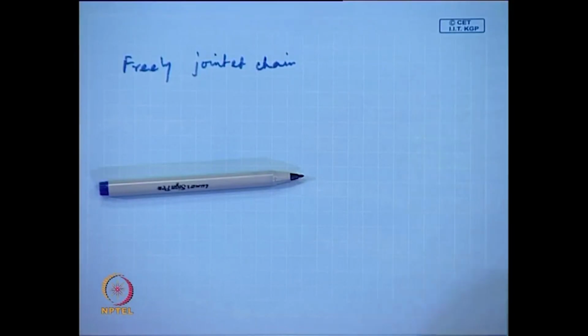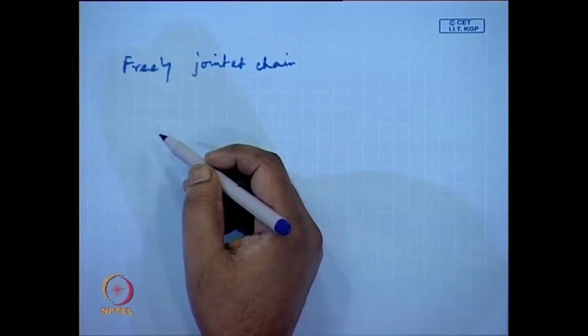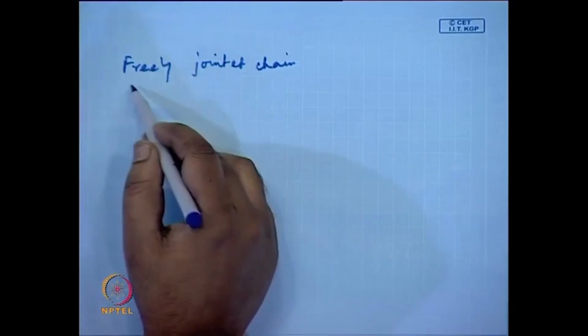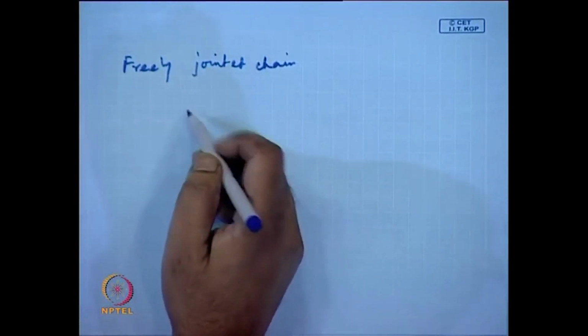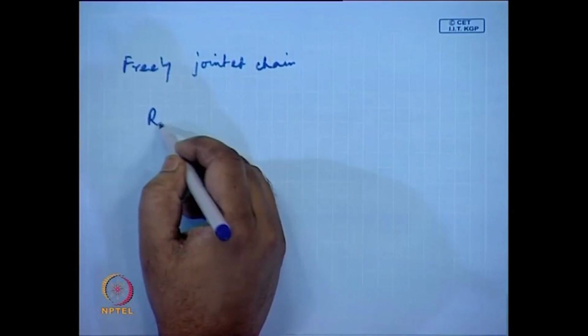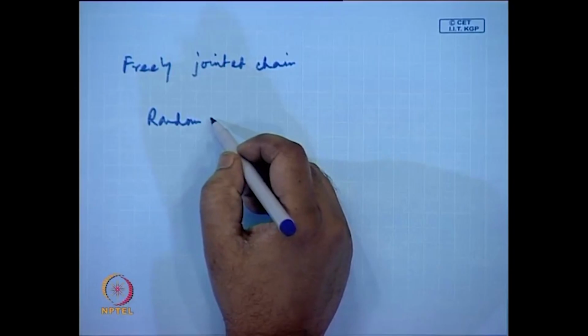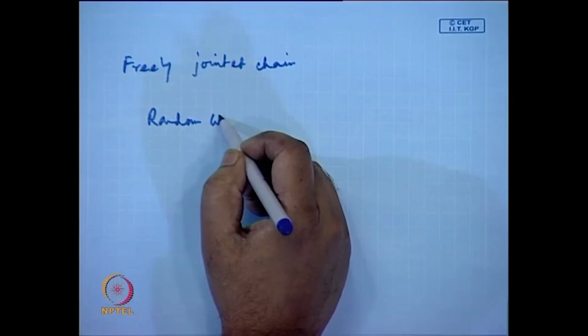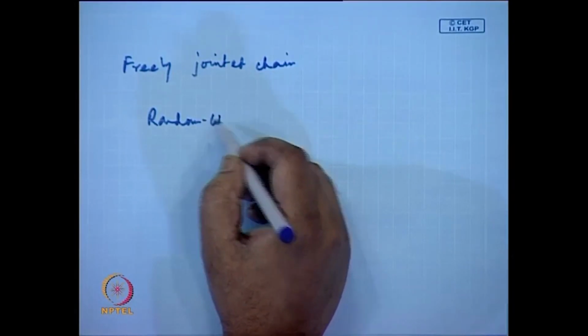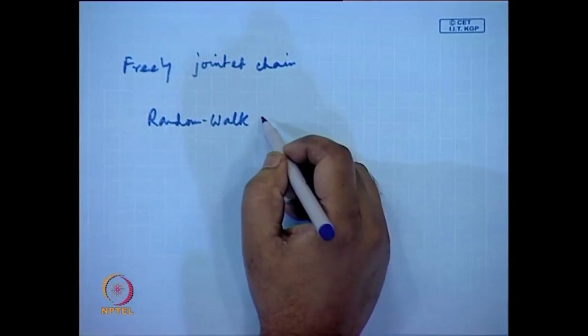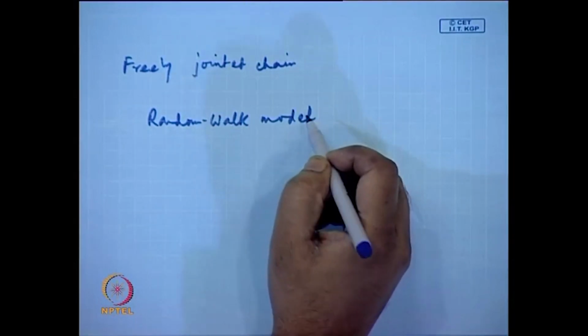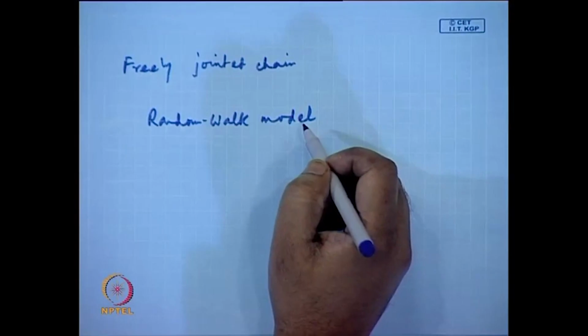This is given by this. For this, the model is developed, and the expression for this chain is given by the random walk model, which was first developed for the movement of an ideal gas.